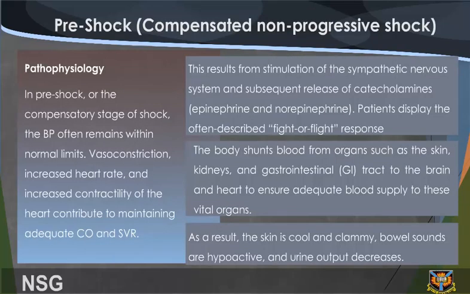Pre-shock. Compensated non-progressive shock. Pathophysiology. In pre-shock or the compensatory stage of shock, the BP often remains within normal limits. Vasoconstriction, increased heart rate, and increased contractility of the heart contribute to maintaining adequate CO and SVR.